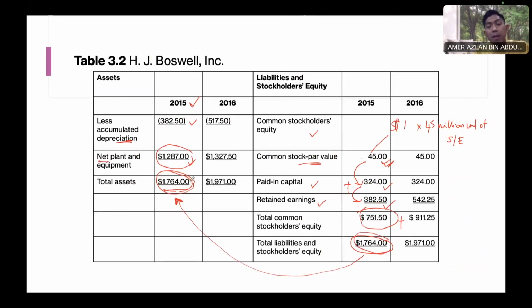When you do a balance sheet, your total asset must be exactly the same as your total liabilities and stockholders' equities. It must be balanced, because liability and stockholders' equity reflect how the company finances its total asset worth around 1764. So that is why it has to be balanced.